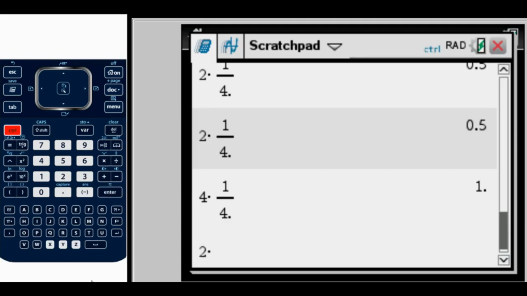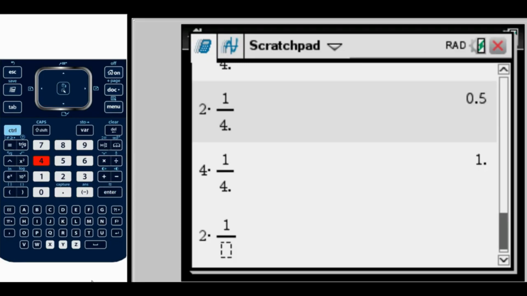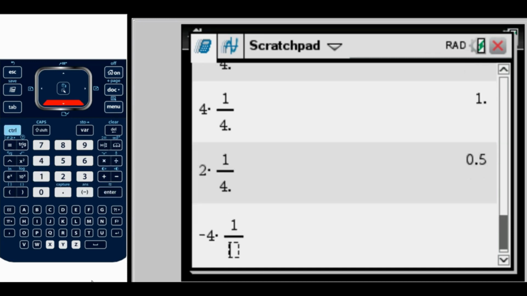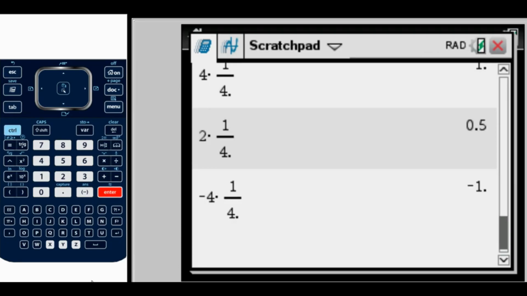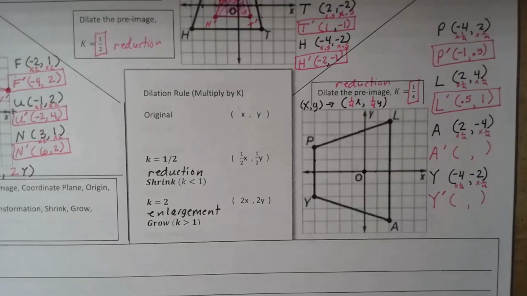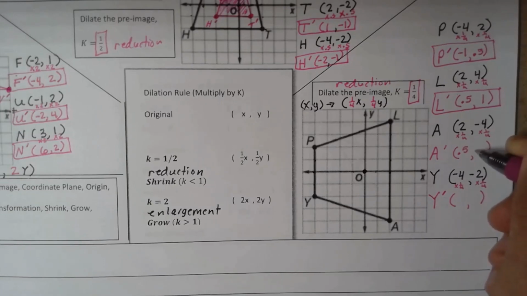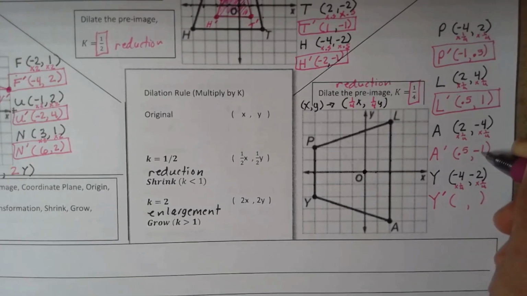And we have 2 times 1/4. And we have negative 4 times 1/4. So that's going to be 0.5 and negative 1.